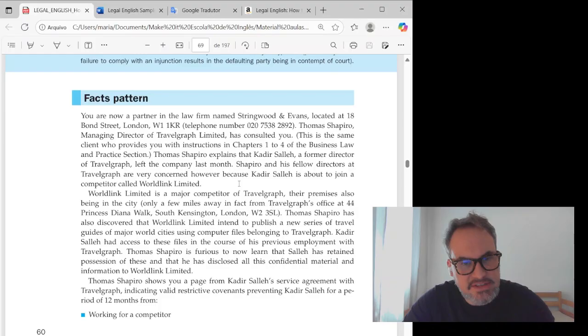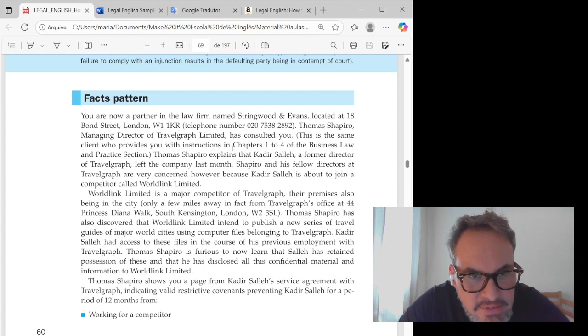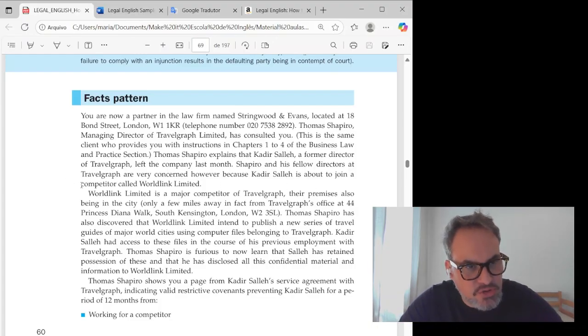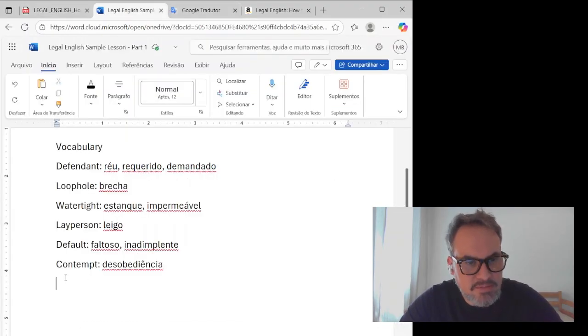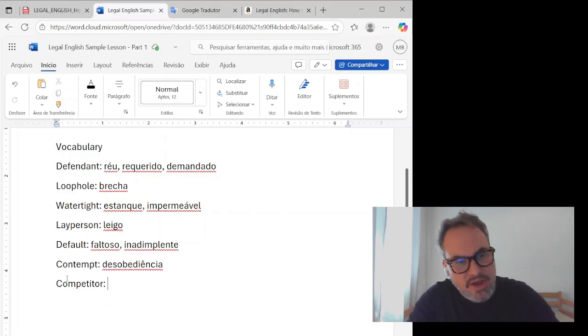So let's select some words here to put in our vocabulary list. I think there are two important words here. Competitor is a good word, so we can write it down. It's important to write down the most important words or words we don't know, so we can memorize them better.